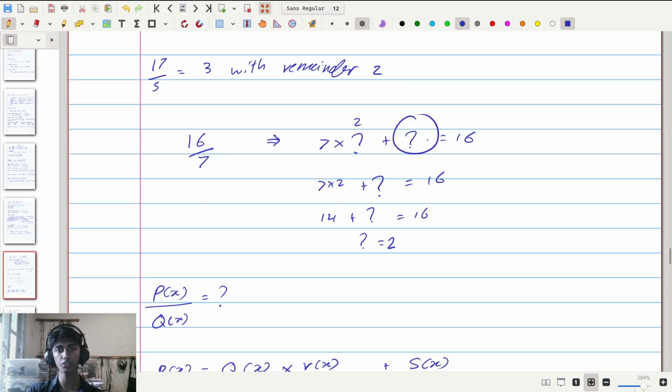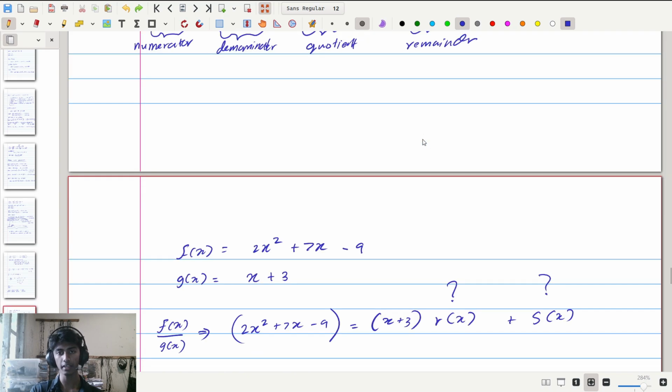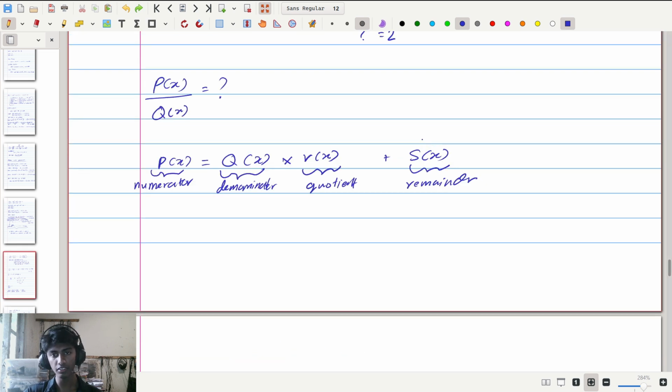This number was chosen to be as small as possible by making the first number as big as possible, such that there was still none of the denominator within it. When dividing polynomials, we do the exact same thing. We try to make s(x) as small as possible by making r(x) as big as possible.